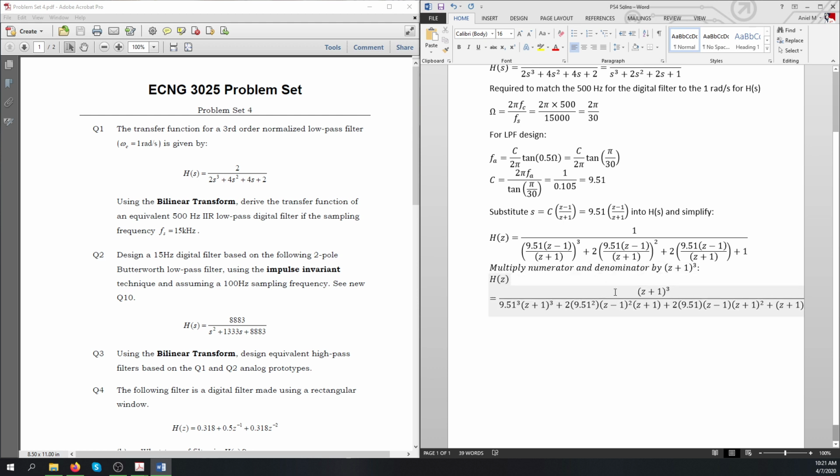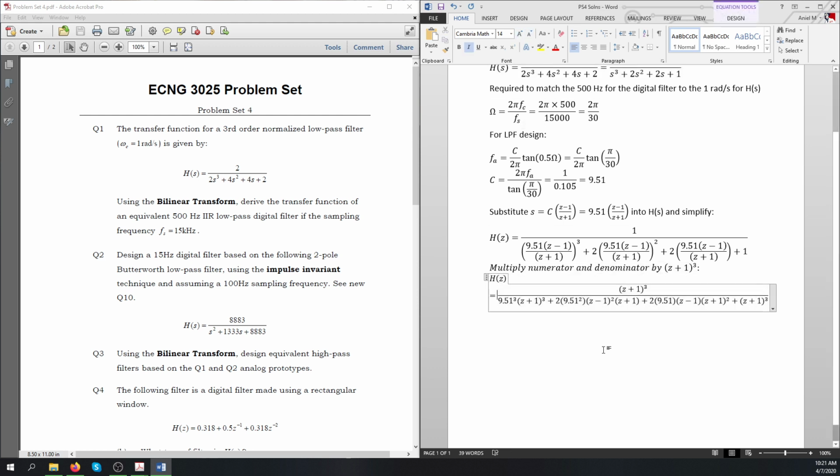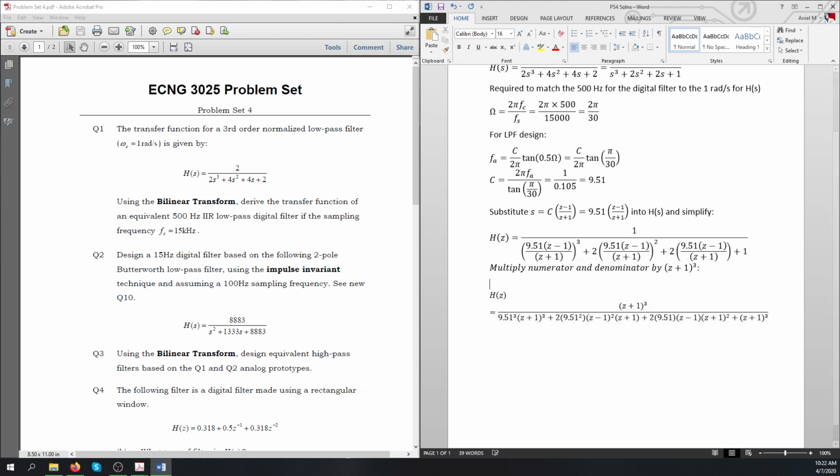Okay, we'll reduce this a little bit. And then it's just a matter of multiplying out all of this on the denominator here and cancelling and so forth until you get it down to a rational form.